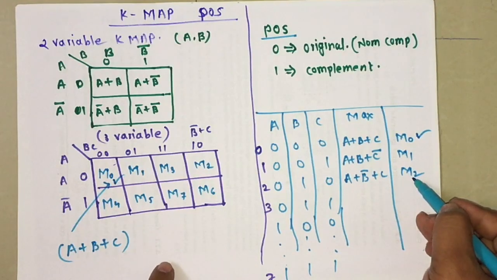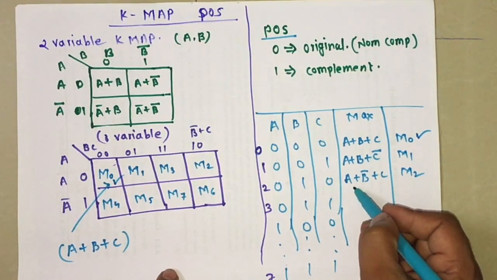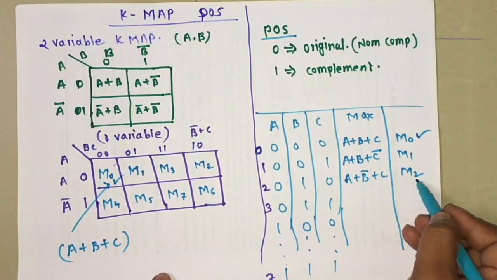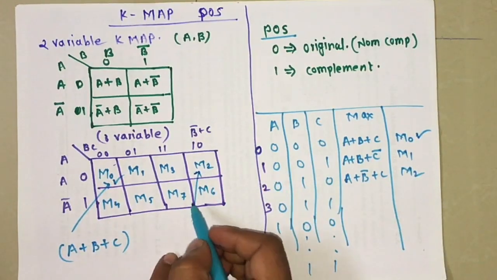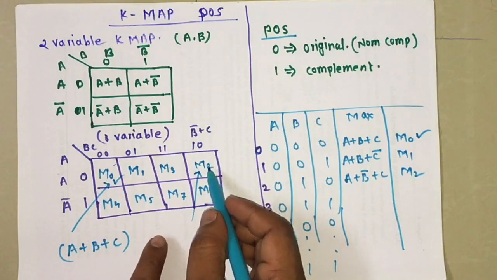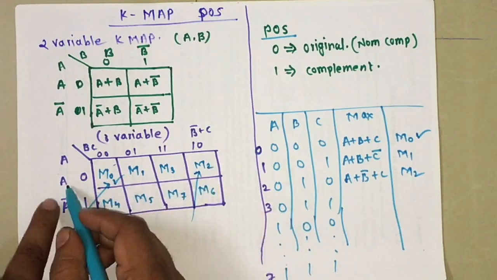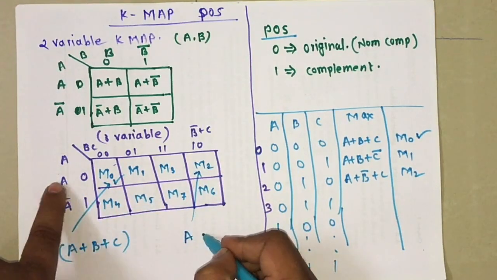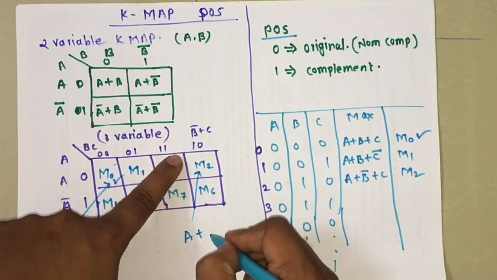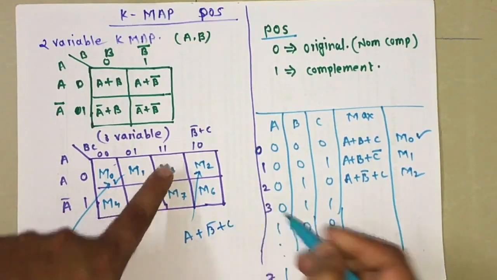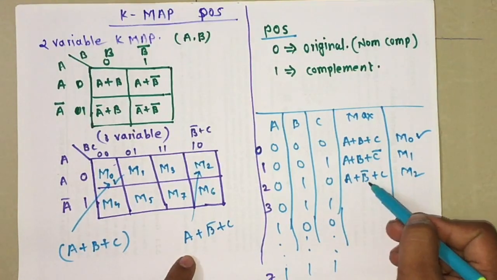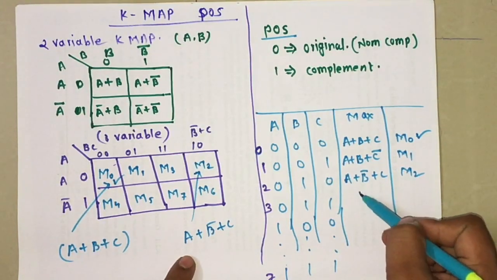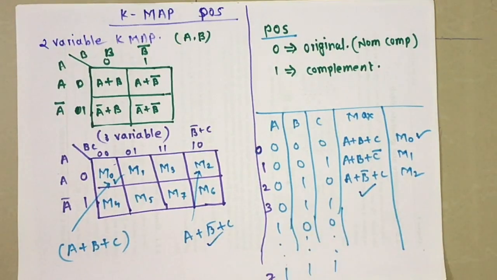Suppose M2, the term is A plus B bar plus C. Let us check whether it is correct or not. For this square box we have to write the sum term. So the row value is A plus the column value B bar plus C. So M2 is A plus B bar plus C. That is also correct.